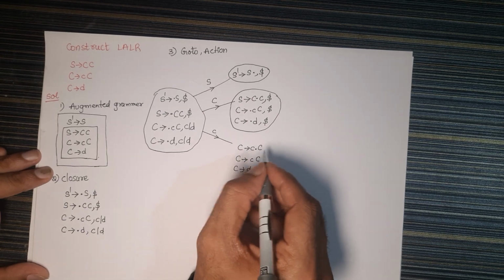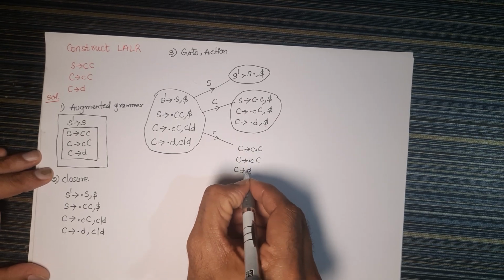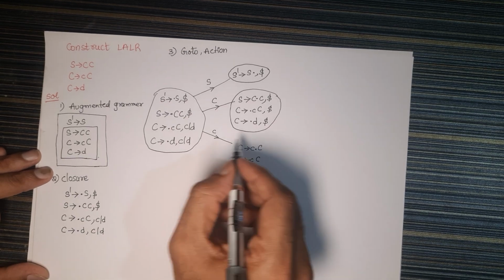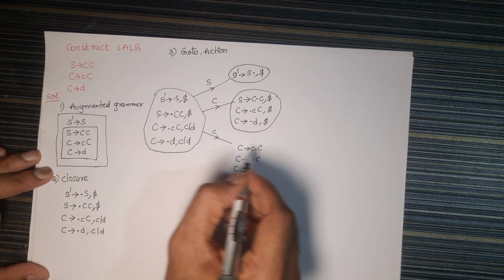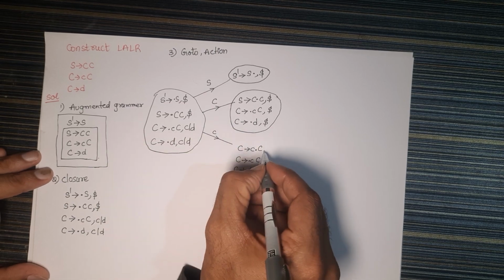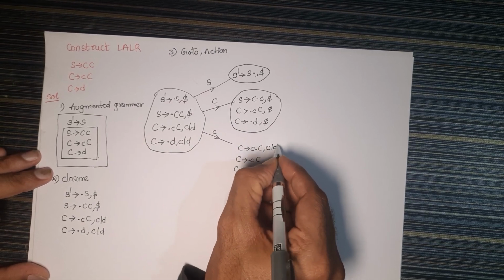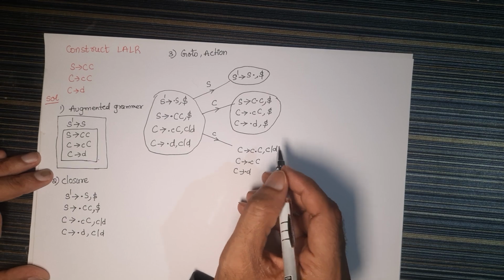We have written these two values as they are with the dot. So here .cC will become c.C and we need to write c/d as it is.